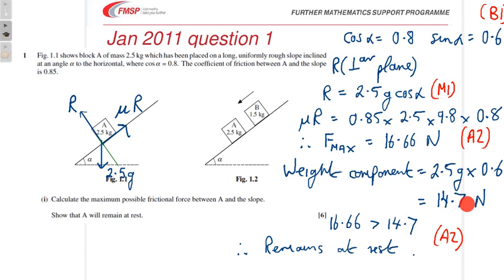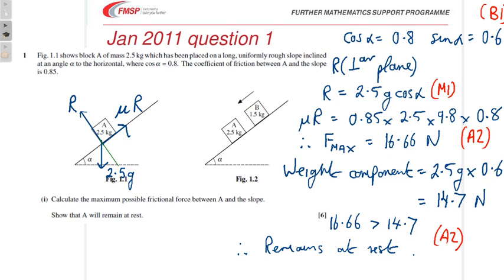The maximum friction acting up the plane, if it was needed, would be 16.66 newtons. So, because 16.66 is easily bigger than the component of the weight down the plane, it will remain at rest. And I've shown in red the marks for that part of the question.